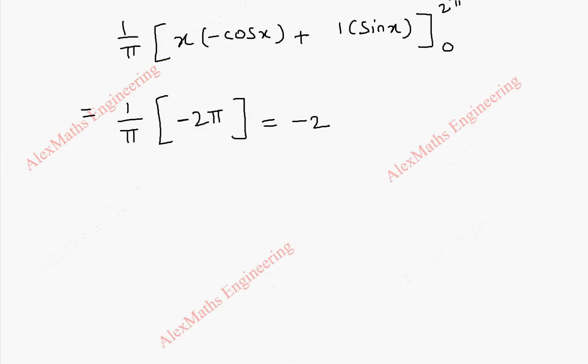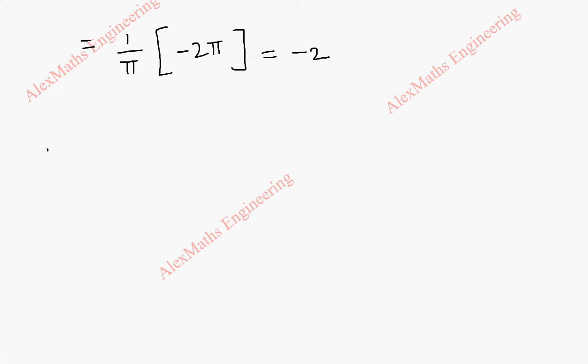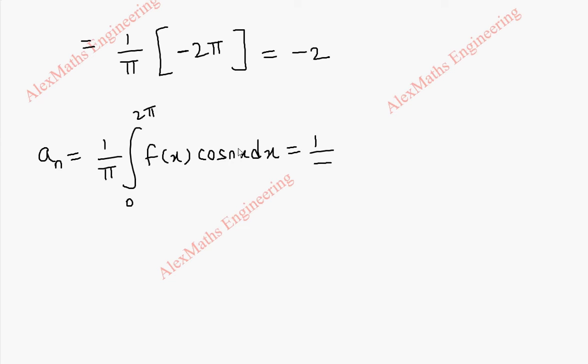Now coming to an, the formula is 1 by pi integral 0 to 2 pi f of x into cos nx dx. Now this is 1 by pi integral 0 to 2 pi x sin x into cos nx dx.